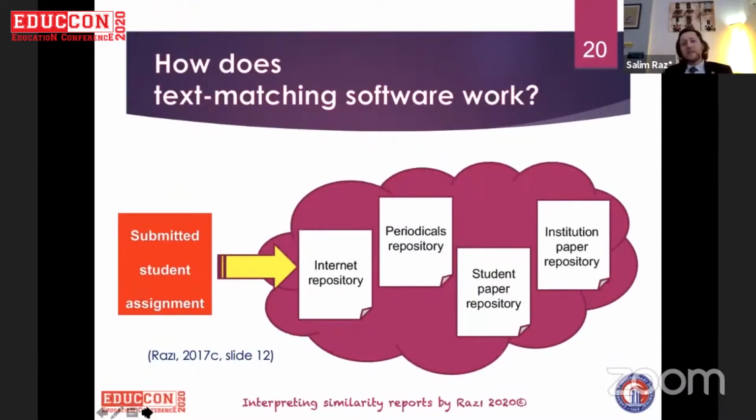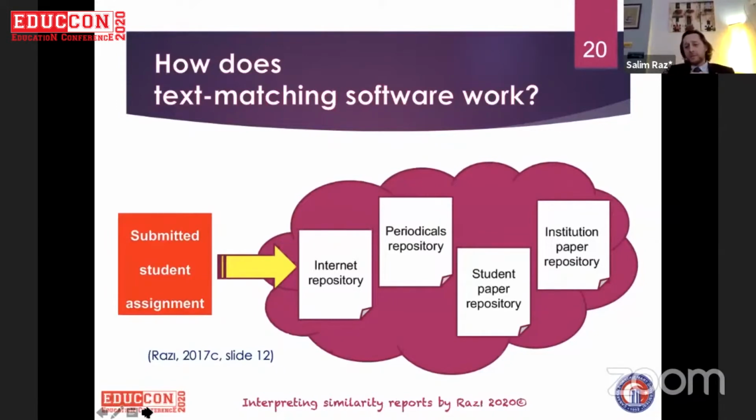So how does the text matching software work? Suppose, for example, you are submitting an assignment to Turnitin, what happens? This is the submitted student assignment, and then Turnitin will be checking the assignment against its database. In Turnitin's database, there are 4 different types of repositories. What are they?